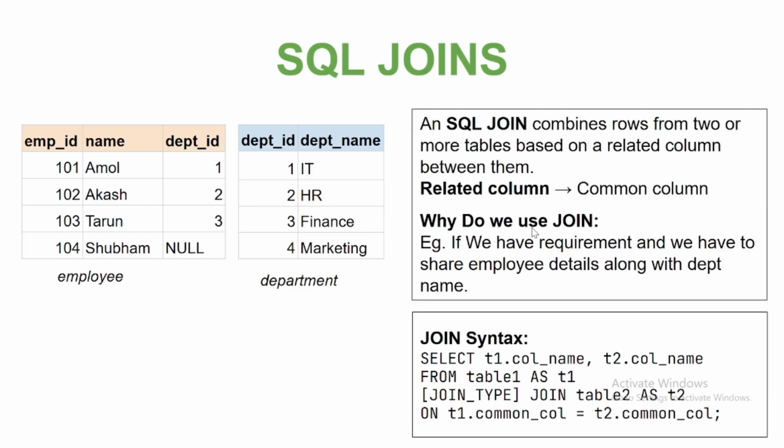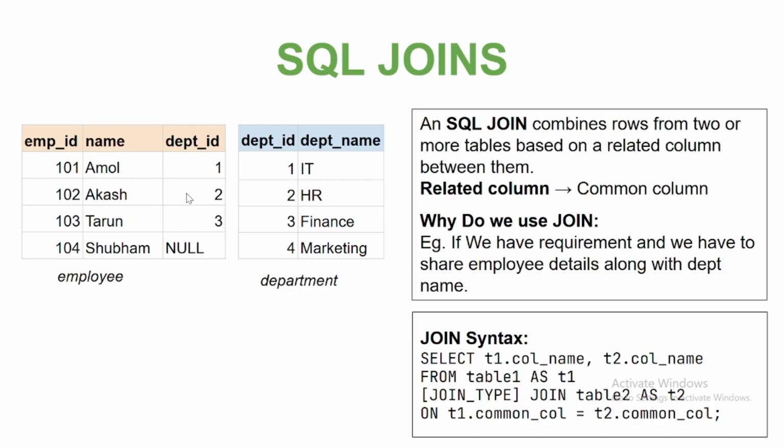The next thing is, why do we have to use joins? Like if we have a requirement in our project where we have to share employee details along with their department name, then we don't have the department name in the employee table. It will be there in the department table itself, right?